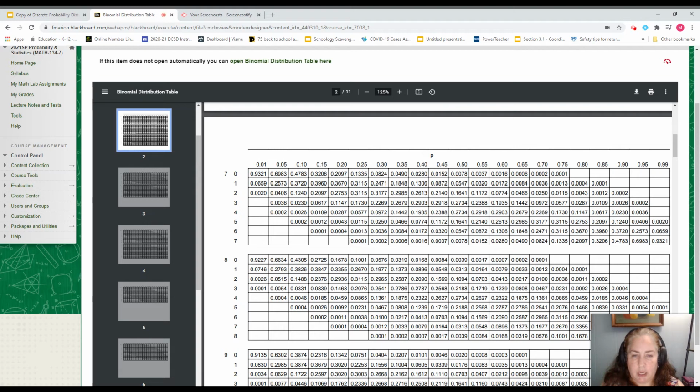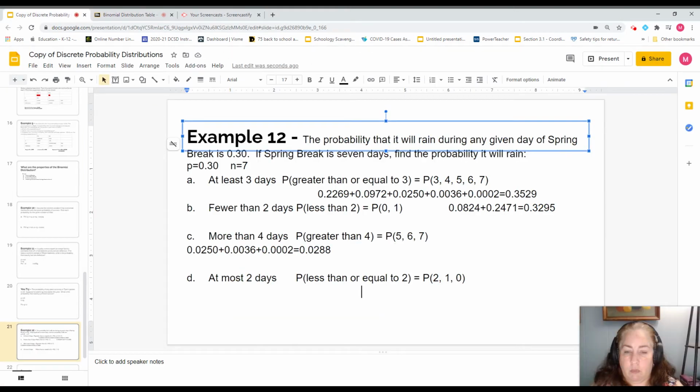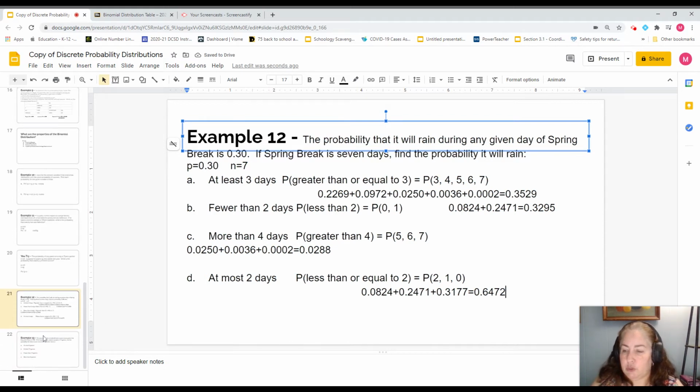So here I'm going to add up the 2, the 1, and the 0. So 0.0824 plus 0.2471 plus 0.3177, and that equals 0.6472. All right, those are pretty simple, just having the table.